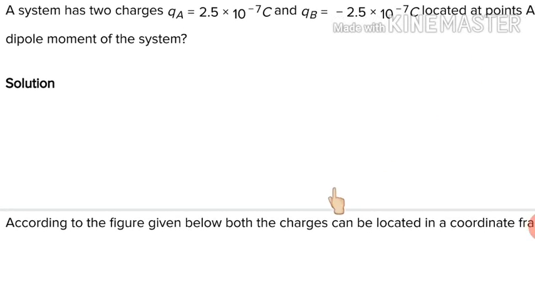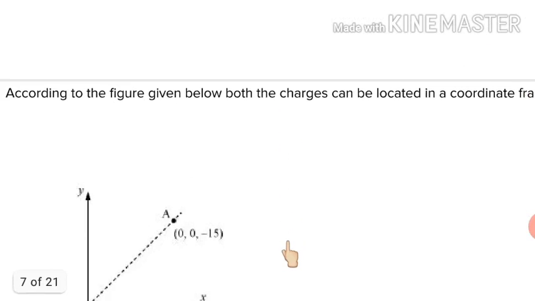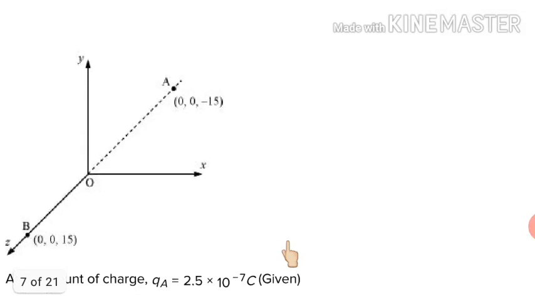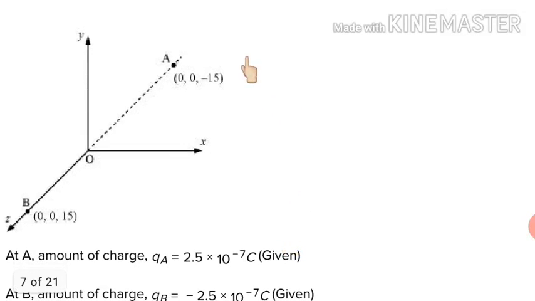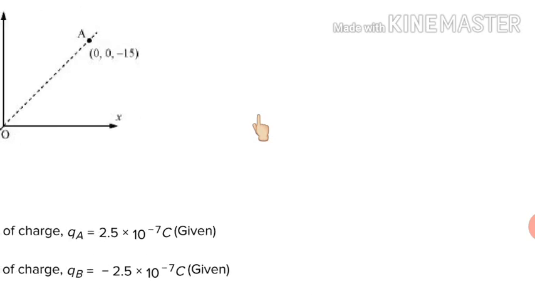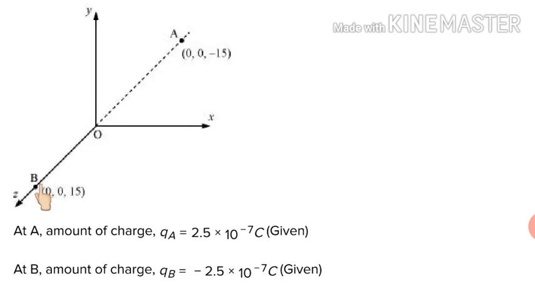So before we discuss it, let's have its diagram. The diagram will be like this. One charge is here and one charge is here. The position is given. This is 0, 0, 15 along the positive z-axis, and this is 0, 0, minus 15 along the negative z-axis. At point B, we have a negative charge, minus 2.5 into 10 to the power minus 7 coulomb.